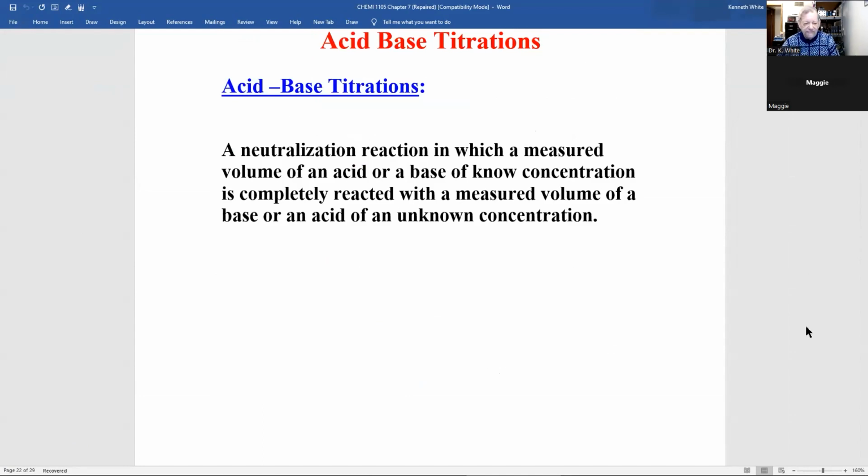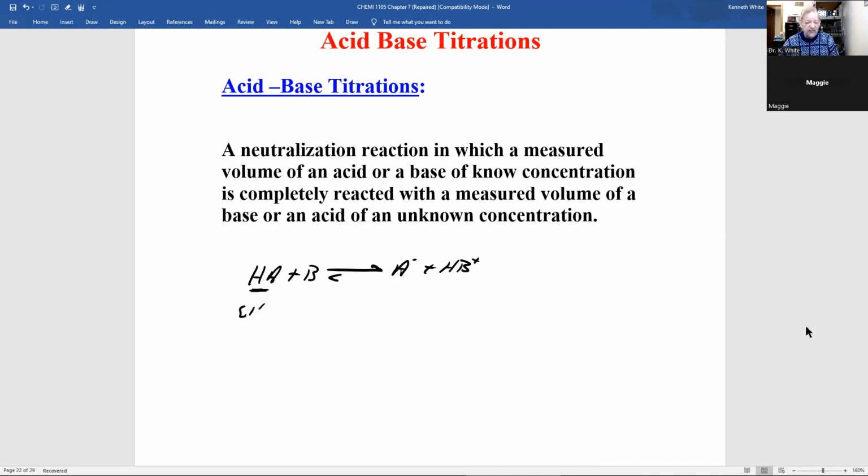If we have an acid plus a base and they're strong, the equilibrium mostly goes to the right. And when you're reacting the acid, there's less acid.